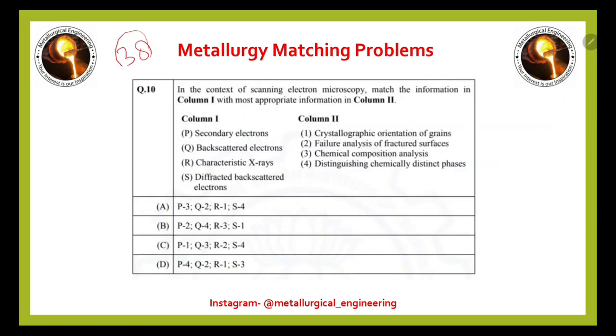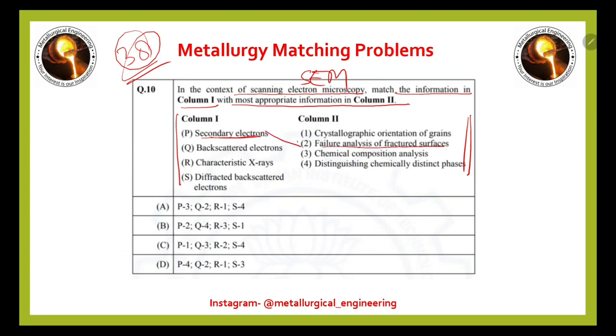This is the 38th problem. So in the context of scanning electron microscopy, that is SEM, match the information in column first with the most appropriate information in column second. So the secondary electrons, that is for failure analysis of fractured surface. Backscattered electrons, distinguishing chemically distinct phases.